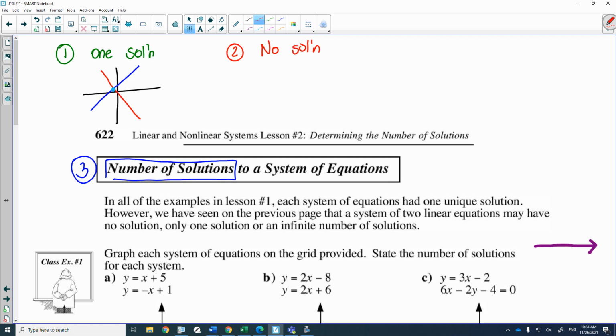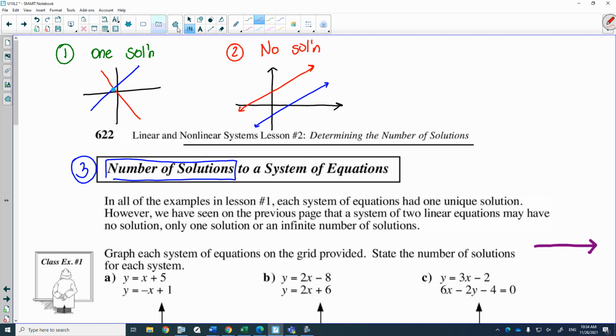Basically, they're both parallel, right? If you graph 2 parallel lines, so just jot down this example, these 2 lines will never intersect. Therefore, you would have 0 solutions, or no solutions.